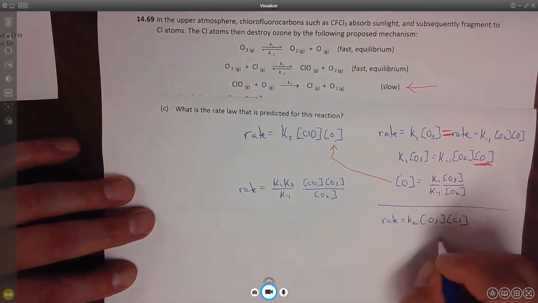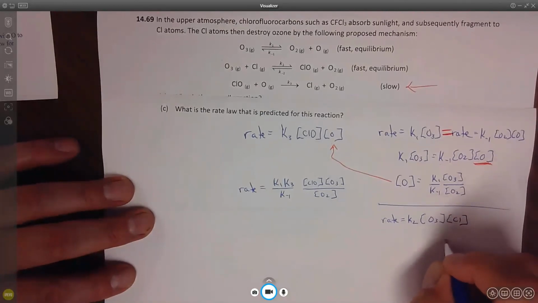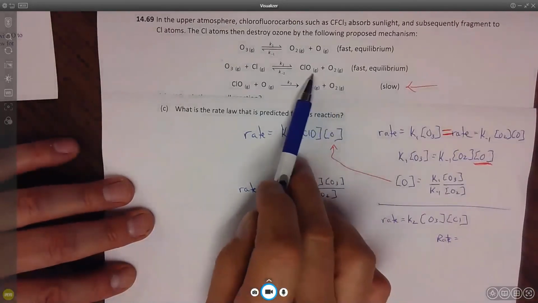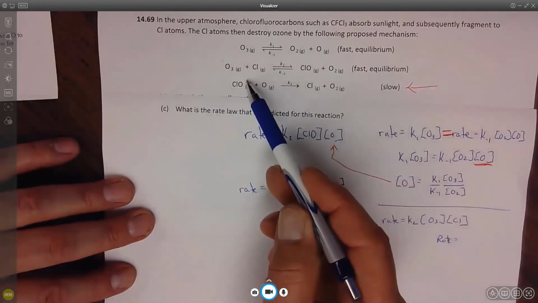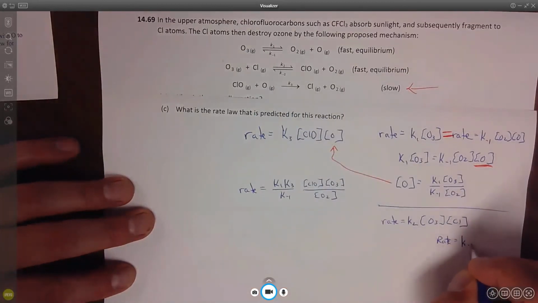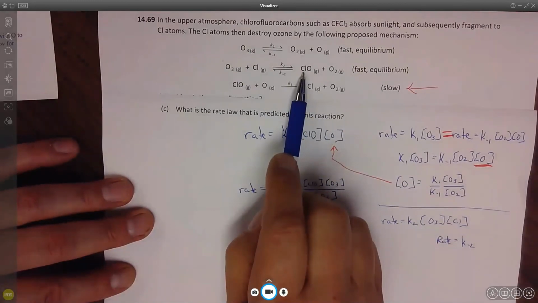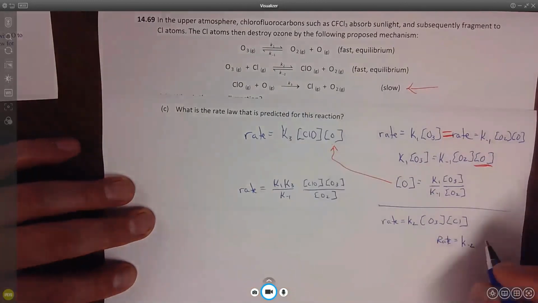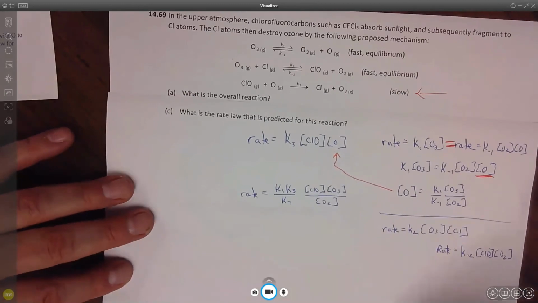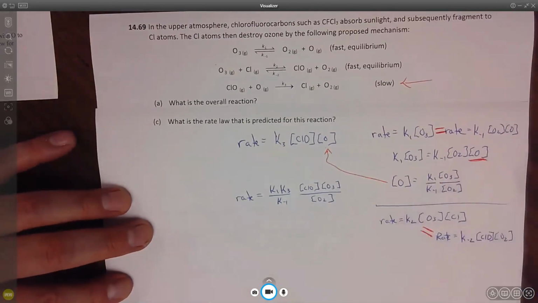And then we have our other rate. And that's the reverse rate. That's going this way, right? So that's going to be K to the minus 2. And then the concentration of ClO to the first and the concentration of O2 to the first. And again, at equilibrium, these two things are equal.